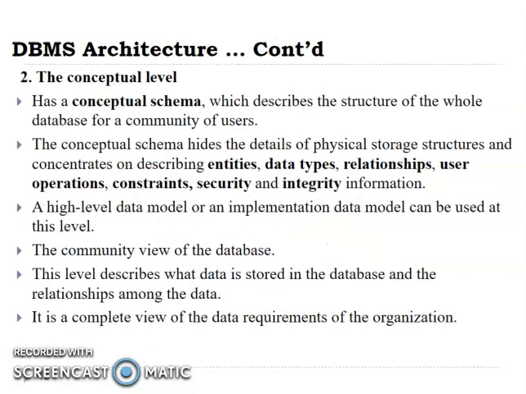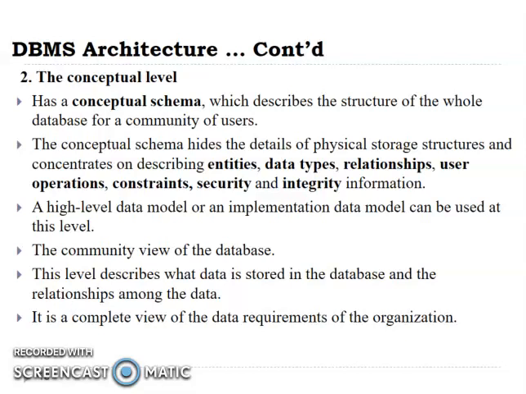The second one is the conceptual level. As you know, this is the conceptual schema, which describes the structure of the whole database for the community of users. The conceptual schema hides the detail of the physical storage and concentrates on describing entities, data types, relationships, user operations, constraints, security, and integrity information.